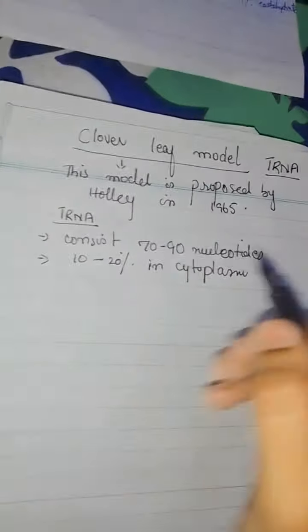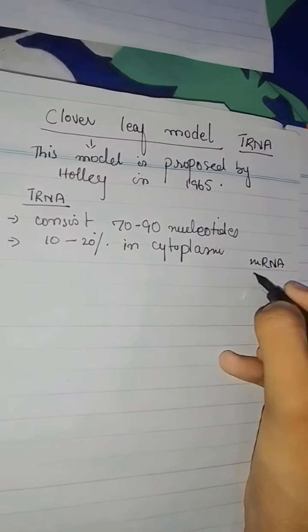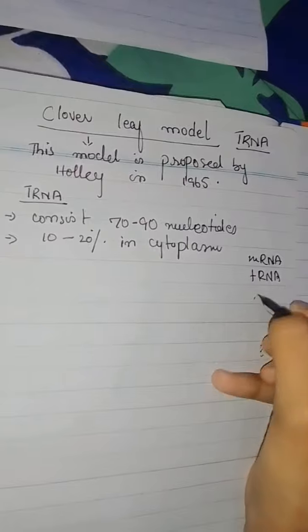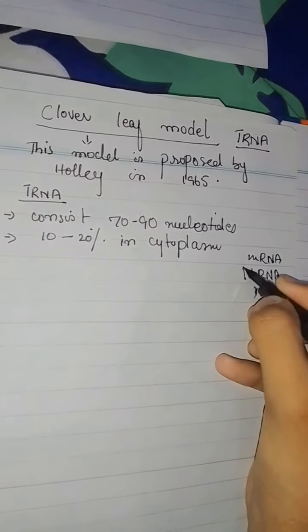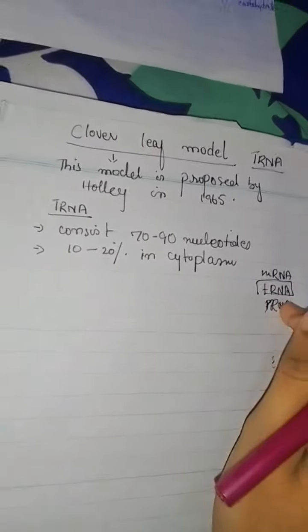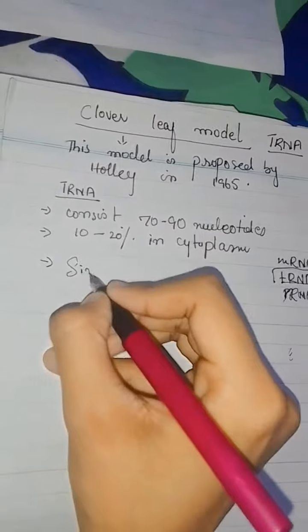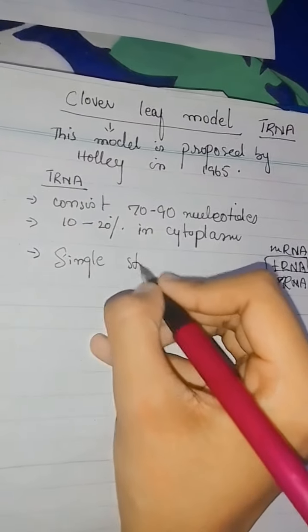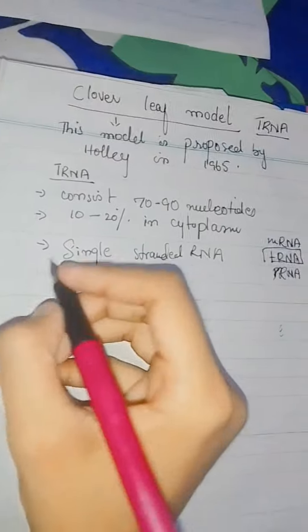There are different types of RNA like messenger RNA, tRNA, and rRNA. They are all types of RNA, but the smallest type of RNA is tRNA, and it is a single-stranded RNA. In some cases it is also double-stranded, but normally it is single-stranded RNA.